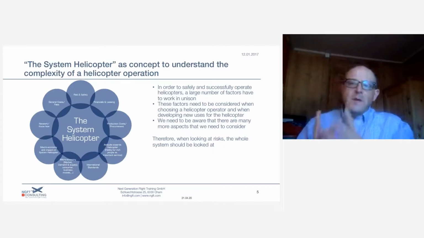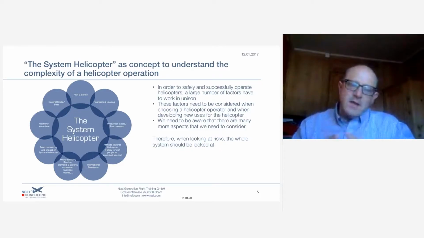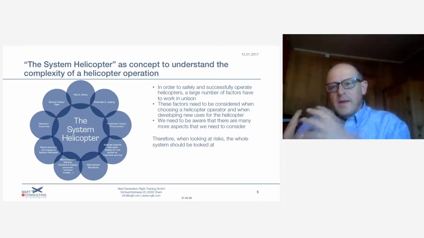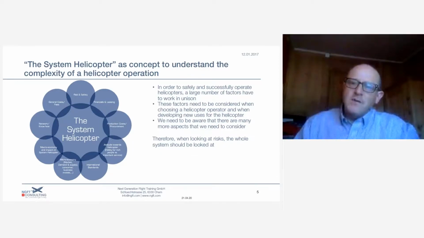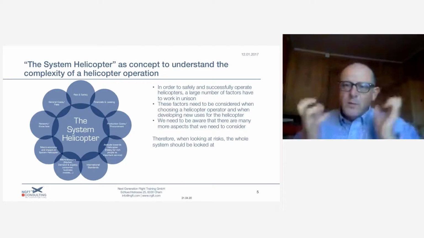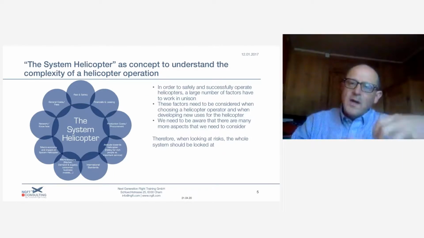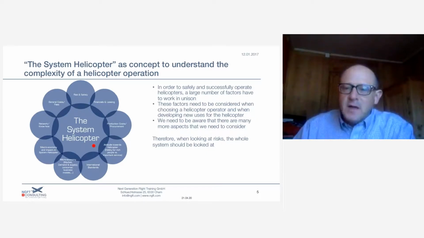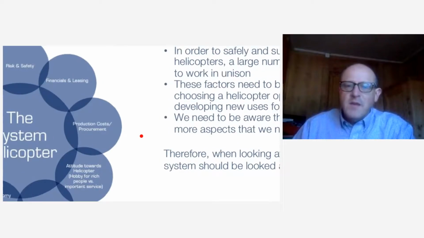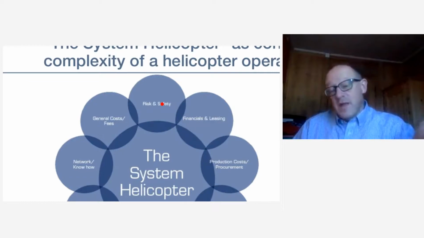So when we look at risks and hazards, we're not just looking at the helicopter itself or the aircraft, but we're looking at a system. I think it's important from a risk management point of view to open the horizon and see this as a system, because there are many things that have an influence on what we do in our day-to-day operation. First of all there's risks and safety, of course, that makes sense.